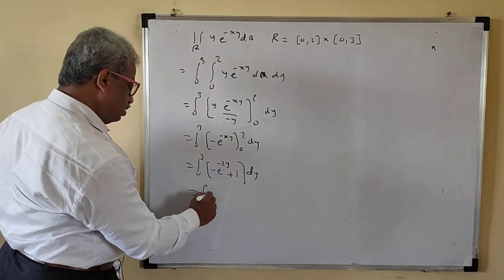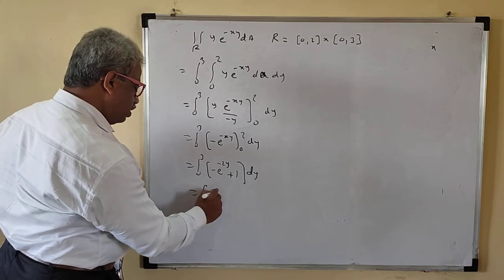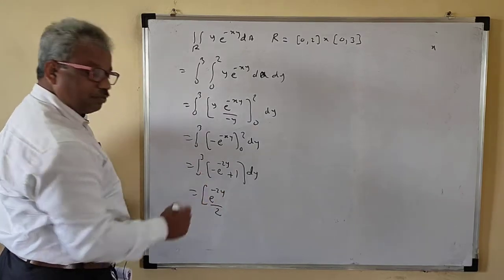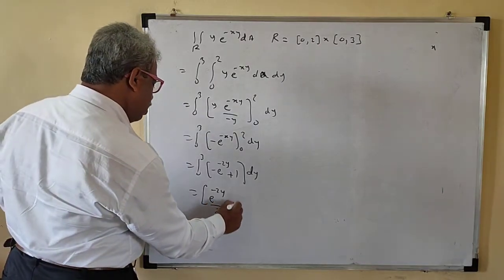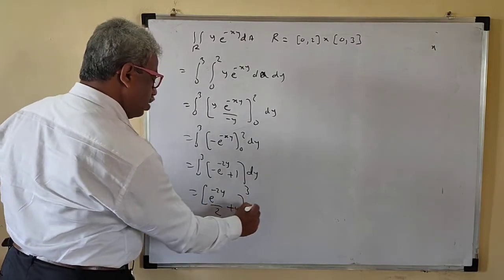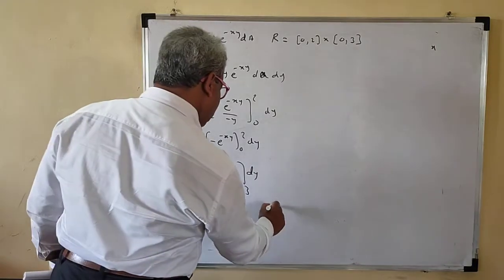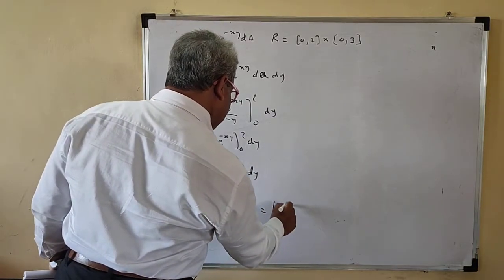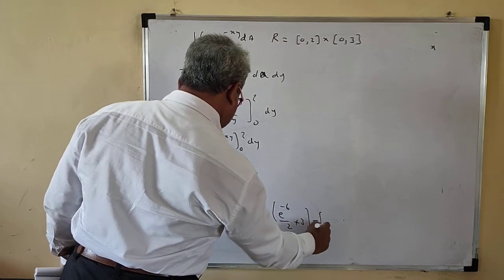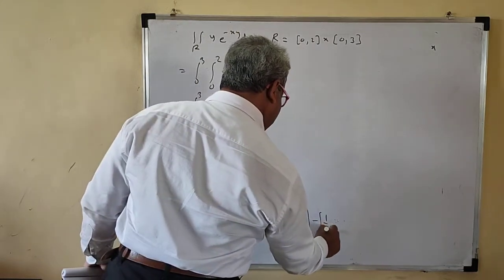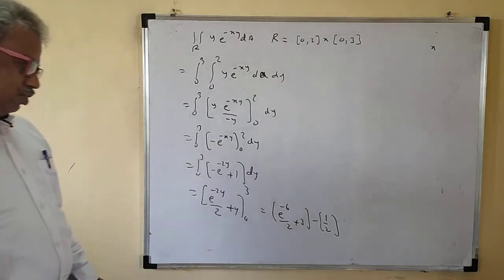We will integrate this. This is e raised to minus 2y upon minus 2, minus 1 becomes plus, plus y, 0 to 2 now. So this is e raised to minus 6 upon 2 plus 2 minus 1 half, because e raised to 0 is 1.